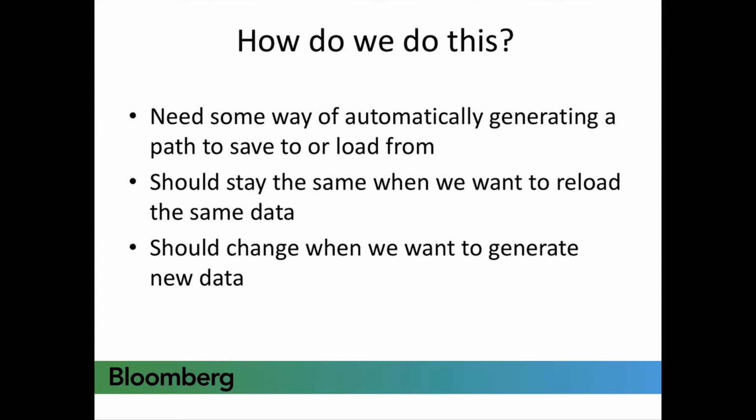We've already made that computation, and we just want to resume from it. And it should be different if, for whatever reason, there's a change in logic. We definitely want to compute something freshly and ignore what might be saved already. So if the path changes when that happens, then it's good.